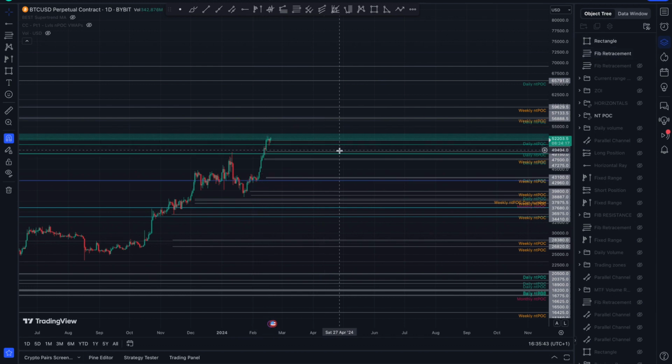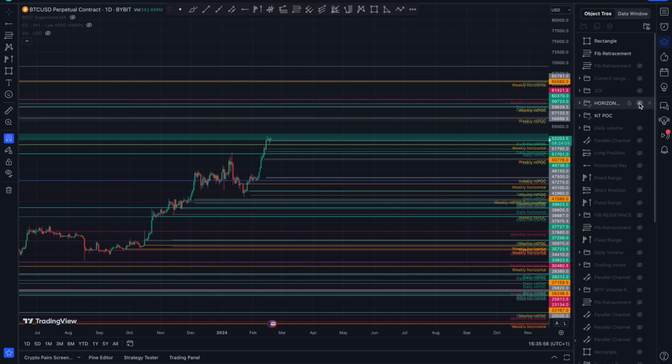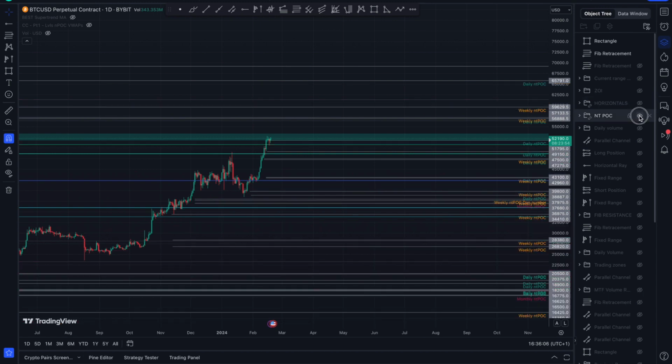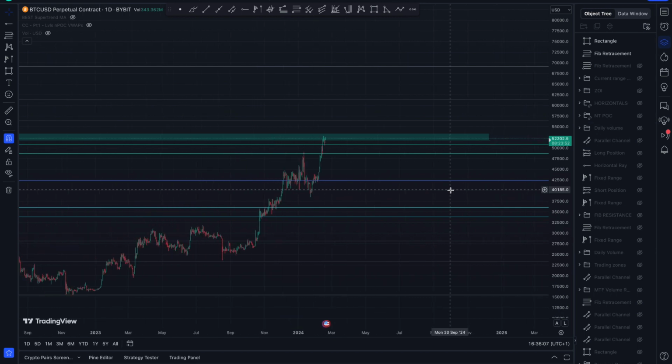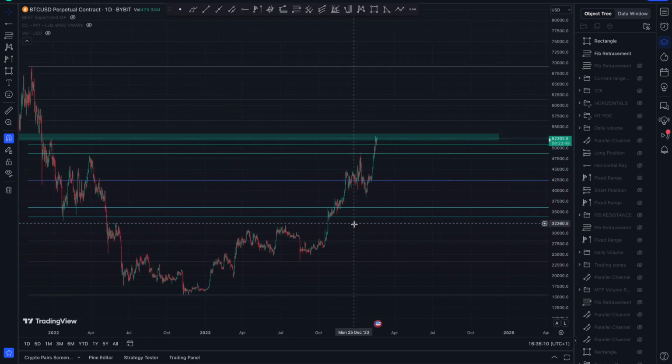So I'm not really that interested in any of these, I would more likely look at this one around the 42,800, and if we add the horizontals, it's a little bit above the weekly, but yeah, I'm watching that. So those are some levels I'm looking at, but overall, you can see market structure really bullish to the upside.